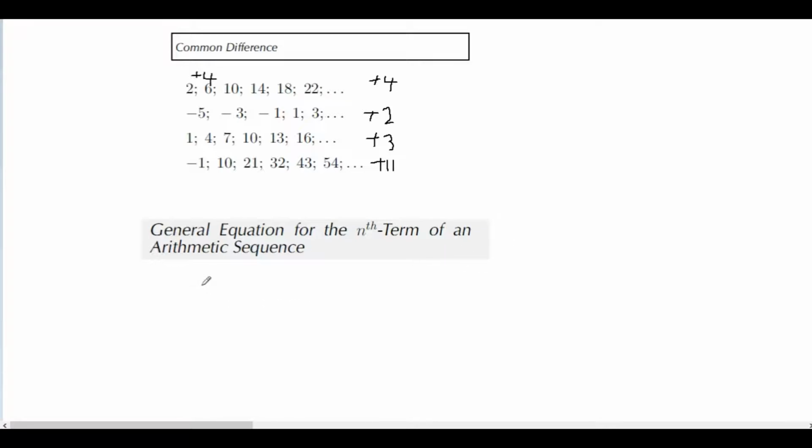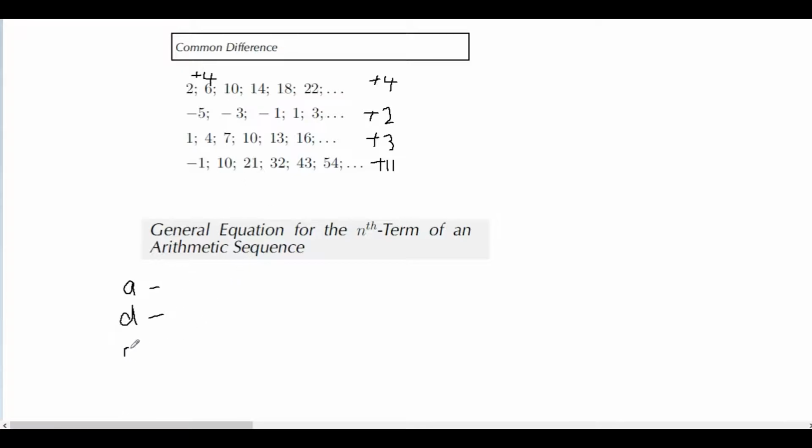So we start off by just listing a few of the important parts in the sequence. First thing, we can just use the letter A. This will just represent the first number in the sequence, the T1, if you want to call it. And then we have D. D is our common difference.